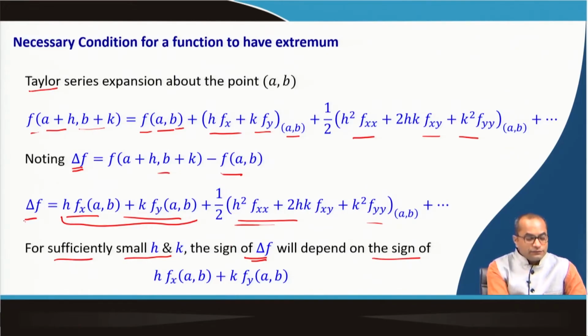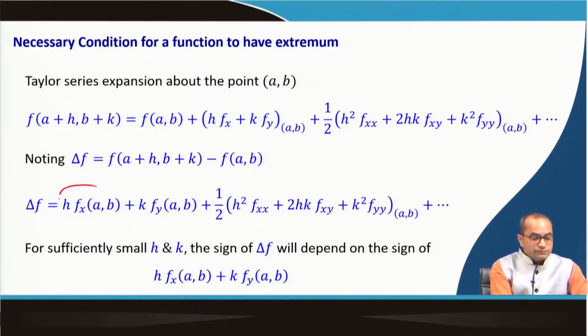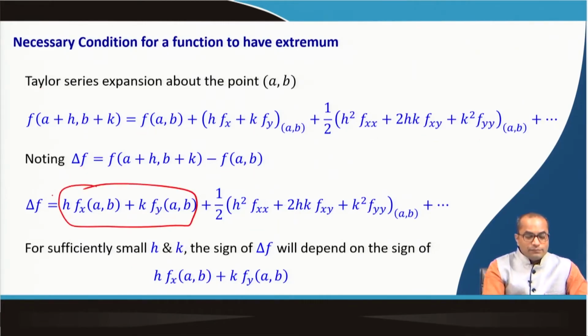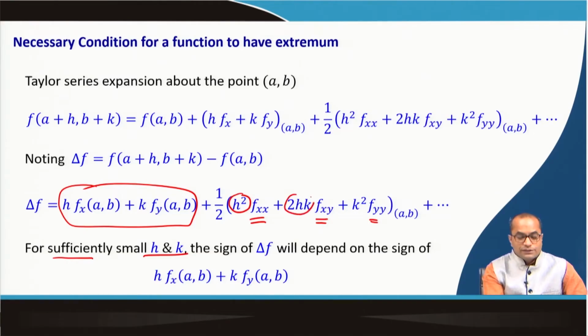So, that the sign of this delta f will depend on the linear terms here, because it does not matter how large these second order derivatives are, for sufficiently small h and k, because here we have the square terms, here also 2hk, here also k square.